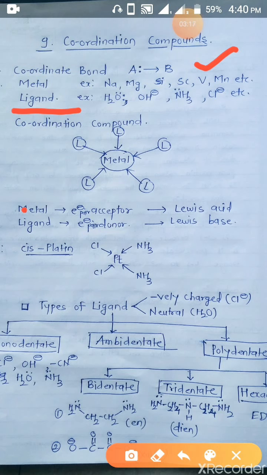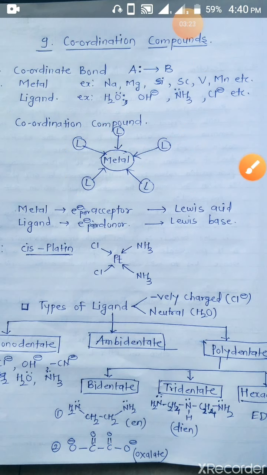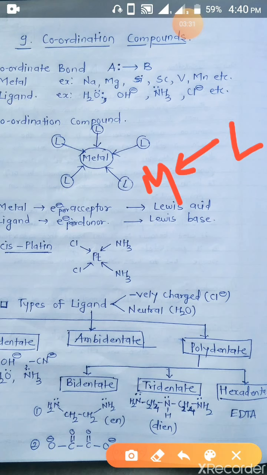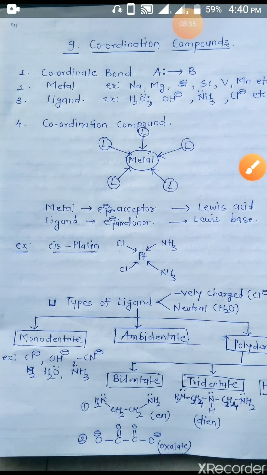Here you can see that metal is present at center and ligands are surrounding the metal, and each bond is represented with the help of an arrow. That is, here it is ligand and here it is metal. So in this way the ligand is the electron pair donor, and the ligands are of two types.